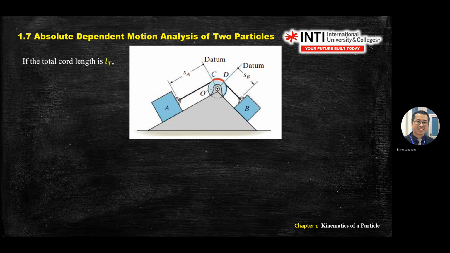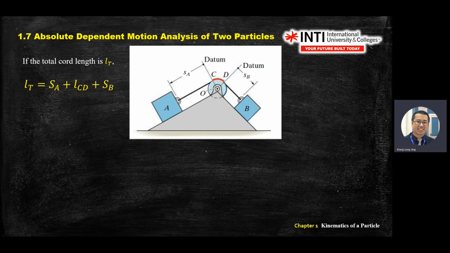All right. So the first step always, when you see pulley, always go for total length first. So calculate the total length. This is a simple pulley. Later you will see 2 pulley, 3 pulley systems. The step is always the same. You find the total length of the rope.